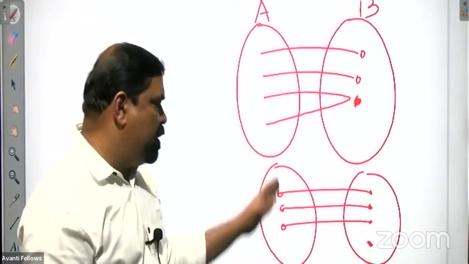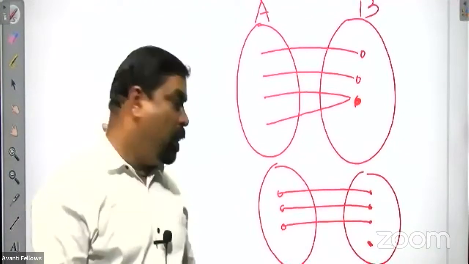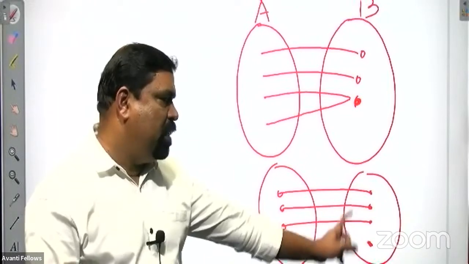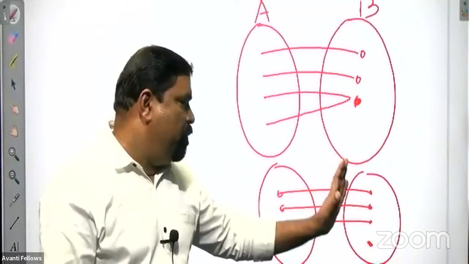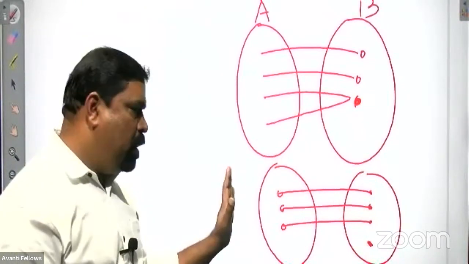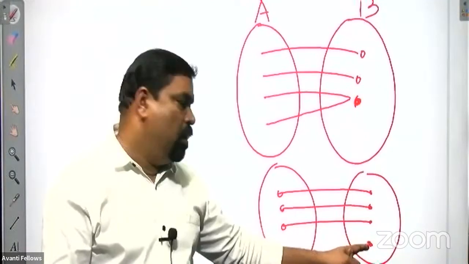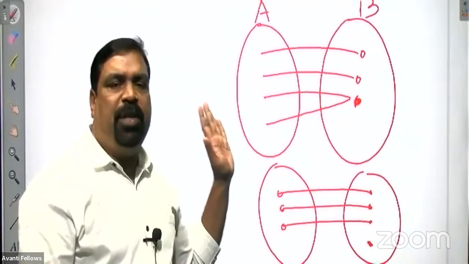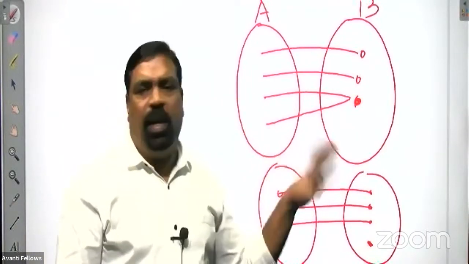Different elements in A have different images in B. So it is 1-1, but it is not onto, because you can see a free element in the second set. When you take the reverse mapping from B to A, what happens? There is an element which does not have an image in A, so the function property will fail.